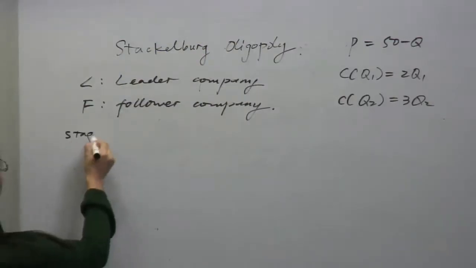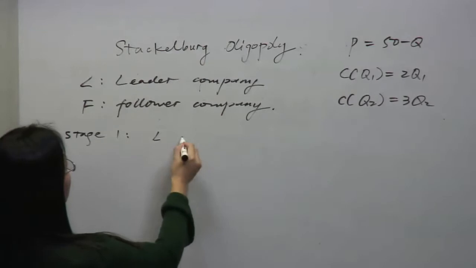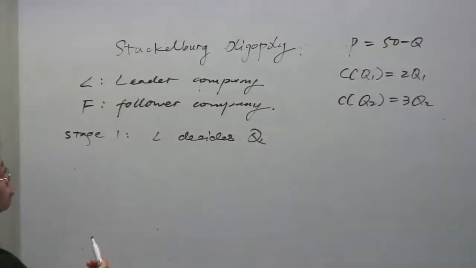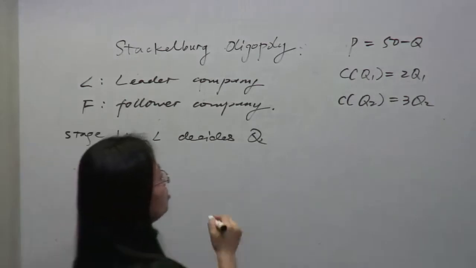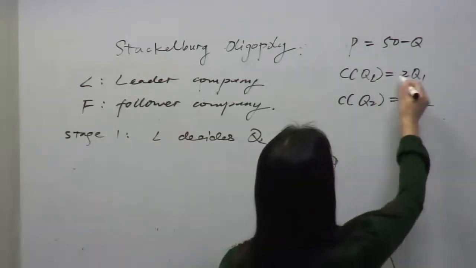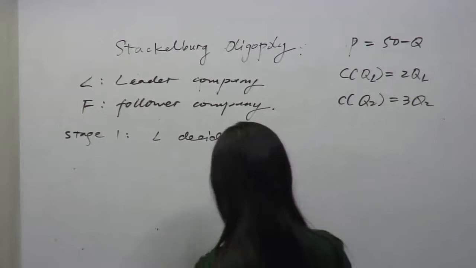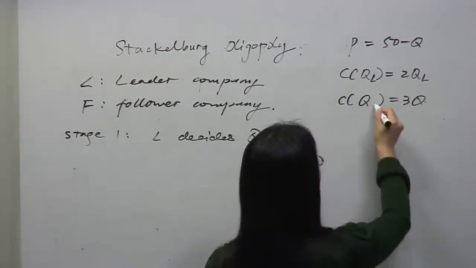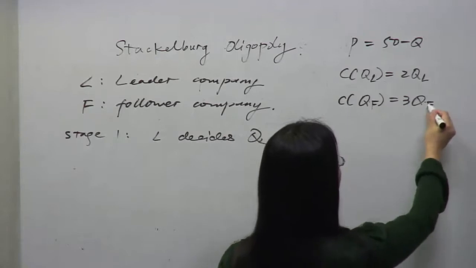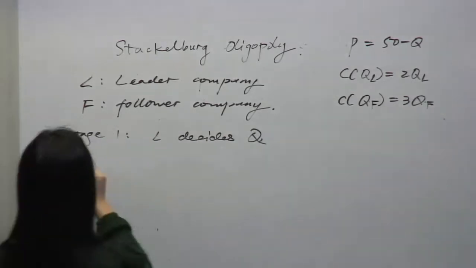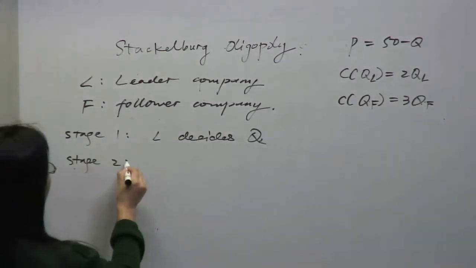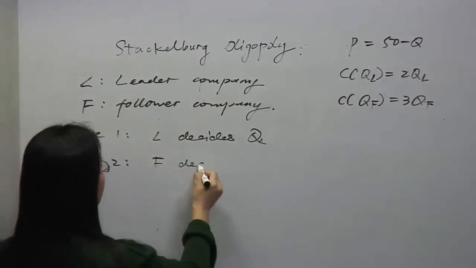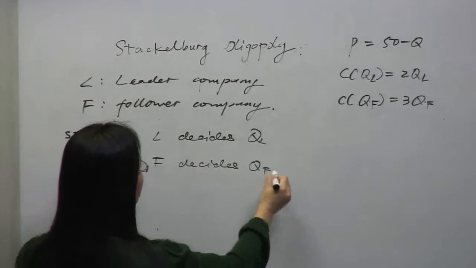In stage 1, the leader decides QL. Let's just say QL, to be consistent. And in stage 2, the follower observes QL, then decides QF.